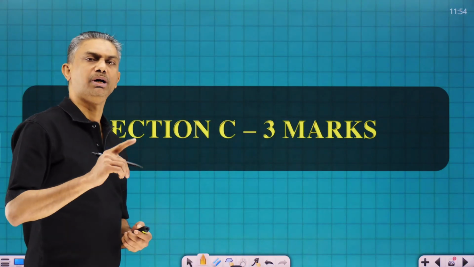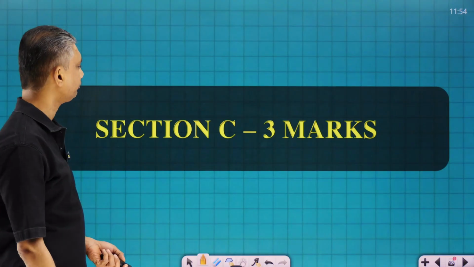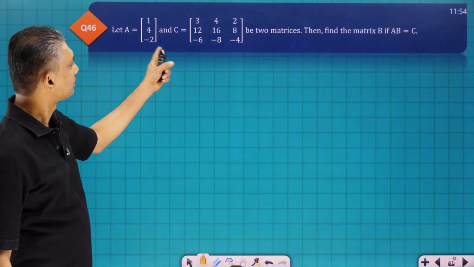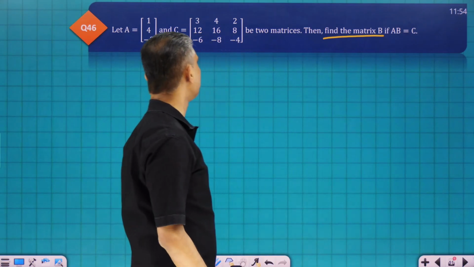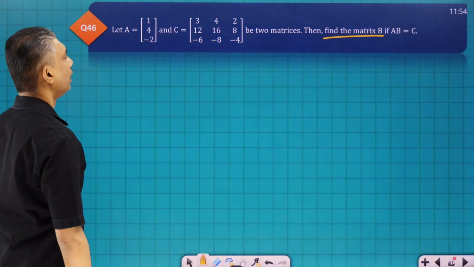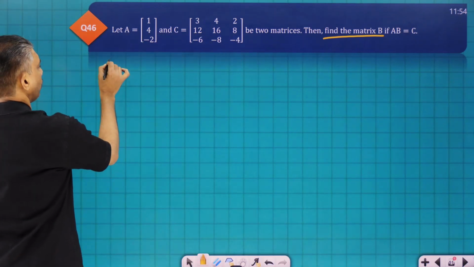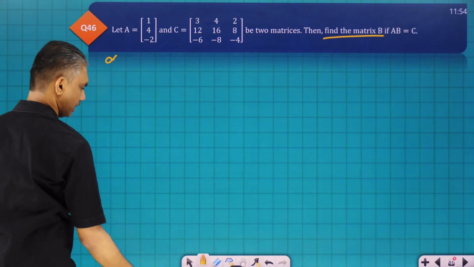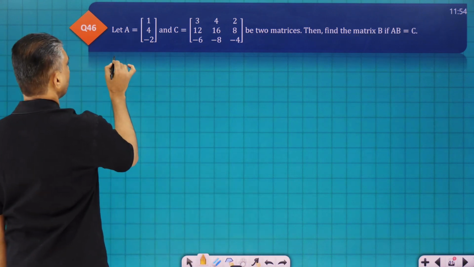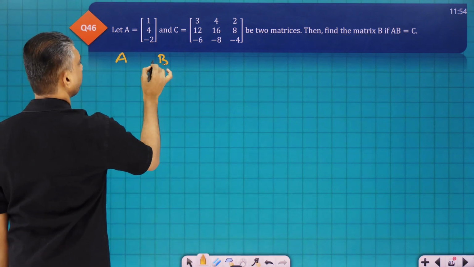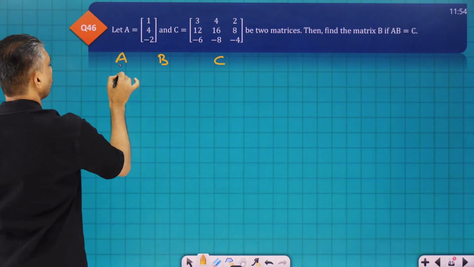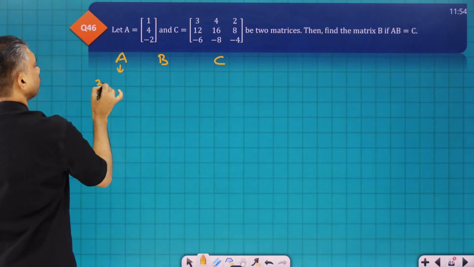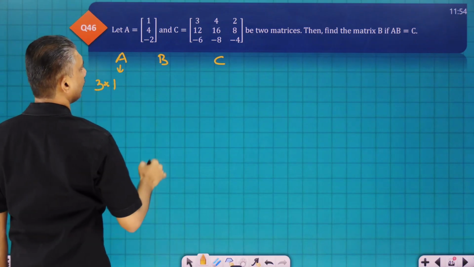Let's see the 3-mark questions. Given A and C, find the matrix B such that A into B is equal to C. So, listen to me. See, order of A. Look here, A, B, C. A is, what is the order? 3 by 1.